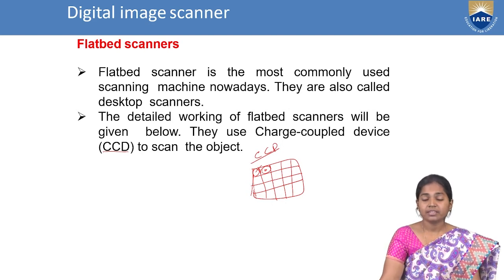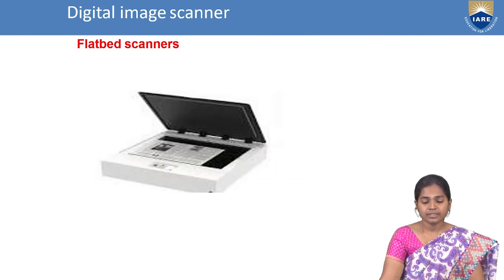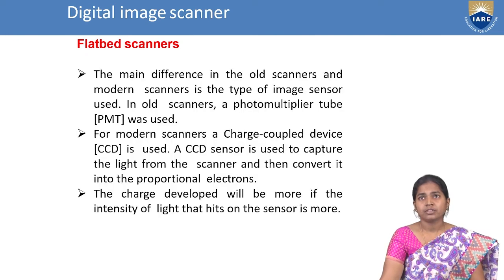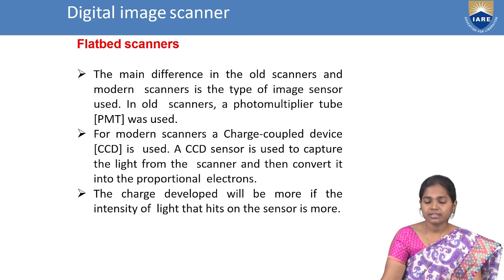So in flatbed scanners we use a charge coupled device. This is the flatbed scanner. The main difference between old scanners and modern scanners is the type of image sensor used. In old scanners, we use the photomultiplier tube.